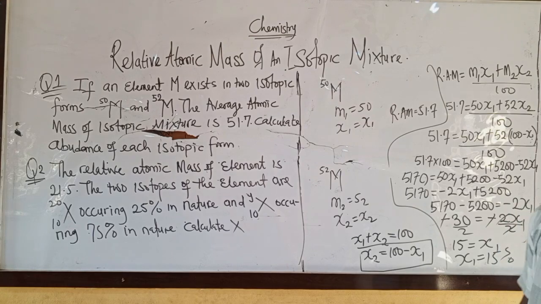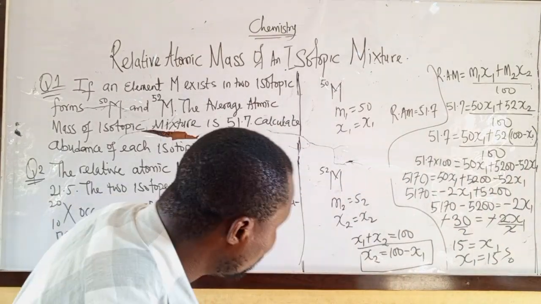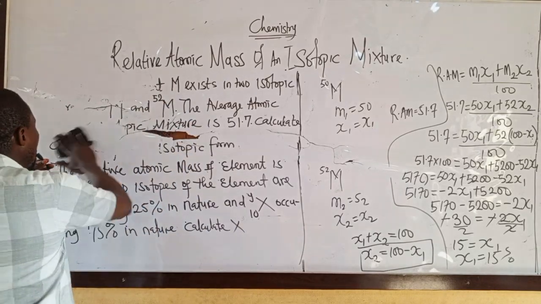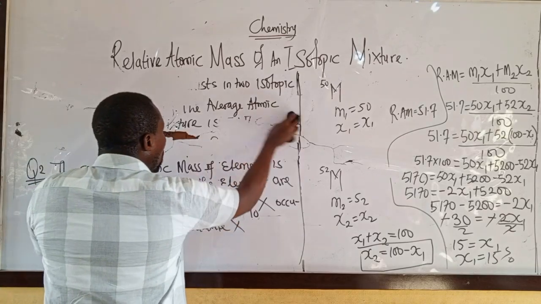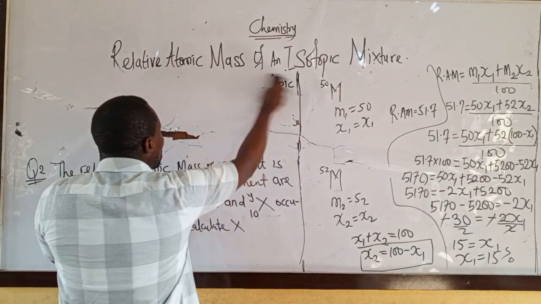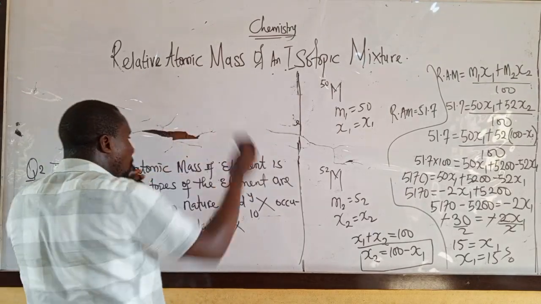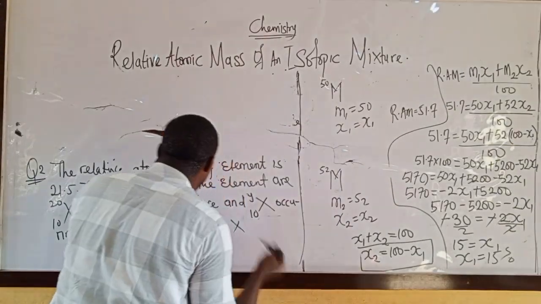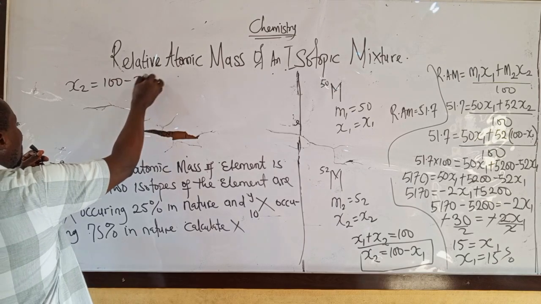I've gotten my x1. Then how will I get x2? Very simple. I told you the sum of relative abundance must be equal to 100. Since I've gotten my x1 as 15, just take x1 away from 100, and we get x2. Even from the formula we have, x2 equals 100 minus x1.